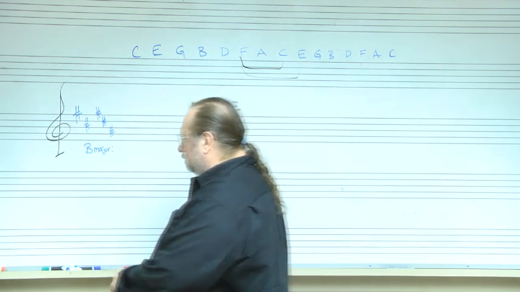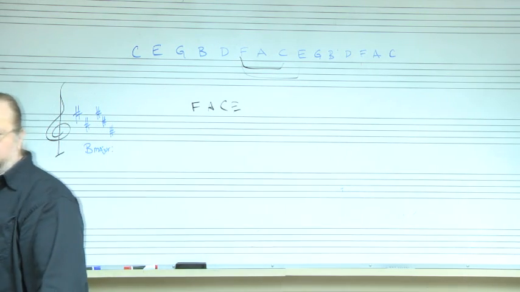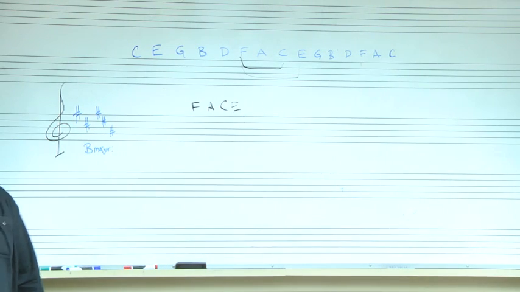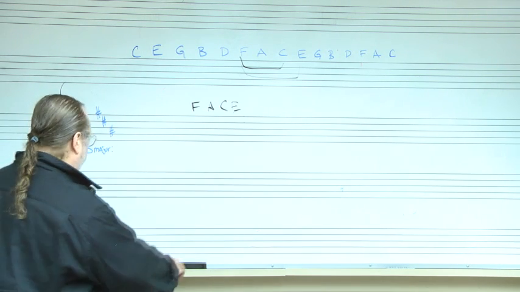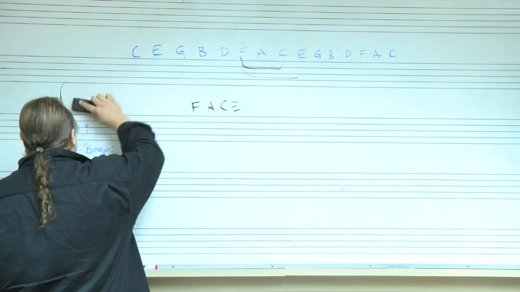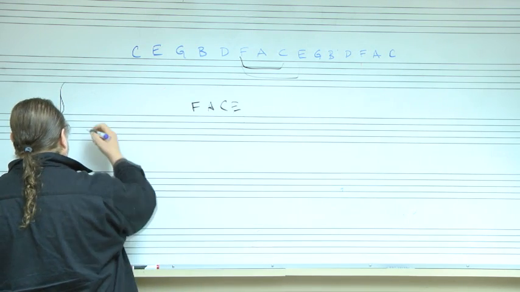Wait, hold on. Why is that the seventh? Because I'm counting every other note in the scale to build a chord. So in the key of F, you have B flat.